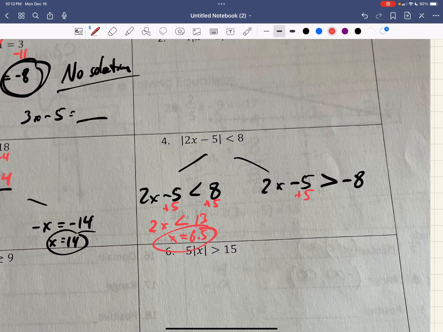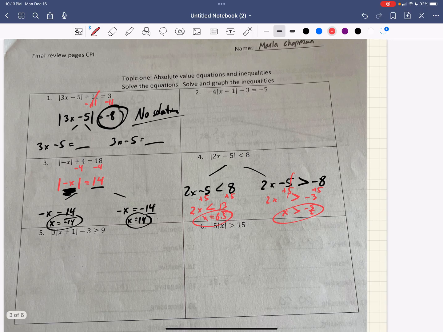This one, again, add 5. 2x is greater than negative 3. So divide by 2, so x is going to be greater than negative 3 halves. Okay. So just make sure when you do the absolute value, when you change that negative, we flip the sign.